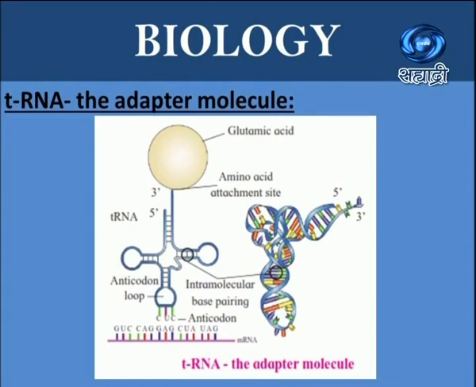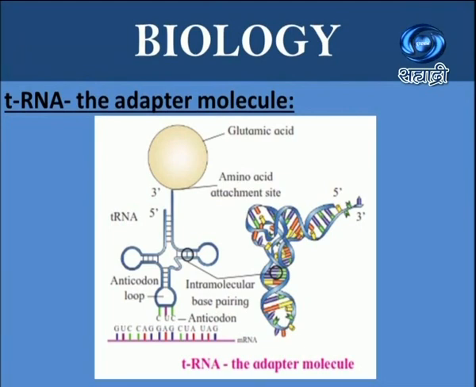Now in front of you, three diagrams are there. One diagram, the second diagram, that is the adapter, and the next one, that is mRNA, you are observing. The tRNA, that is the adapter molecule, one small part is there in your textbook. So that's why I want to explain that part. The diagram is there in front of you. Please refer to the diagram while my explanation is going on.